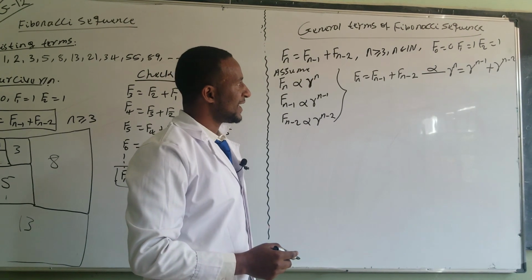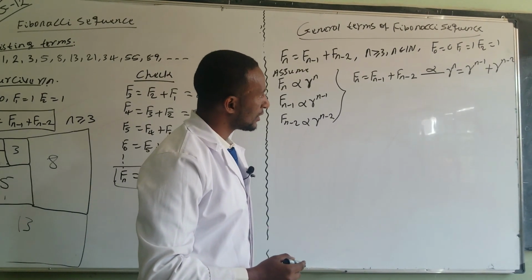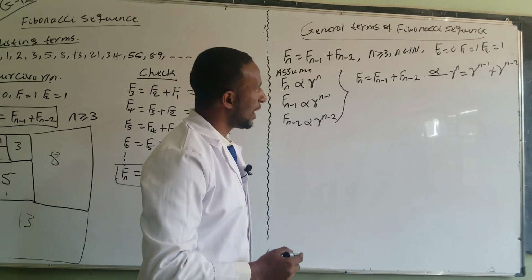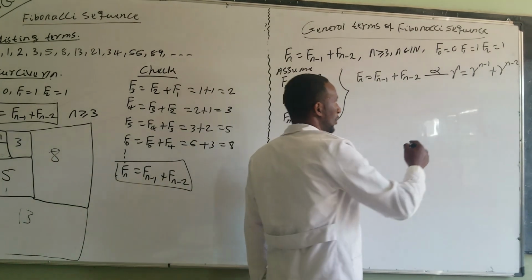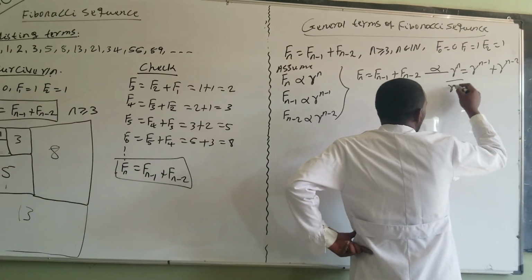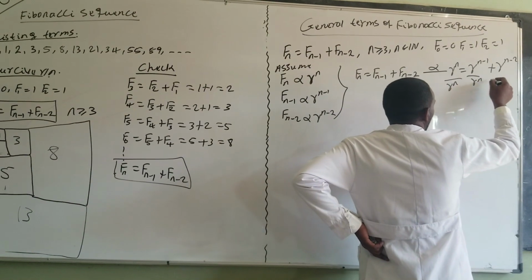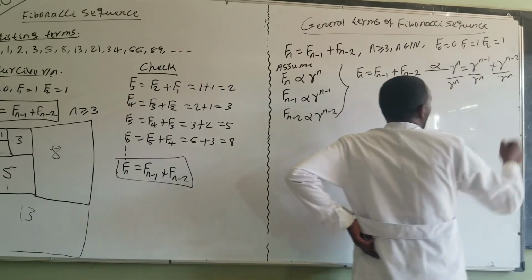Then divide both sides by r to the power of n.